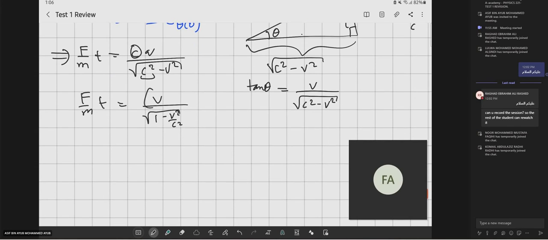Now, if I solve for V, I'm going to skip some steps in here, but they're obvious steps. They're just algebra. I'll just give you the final form in here.